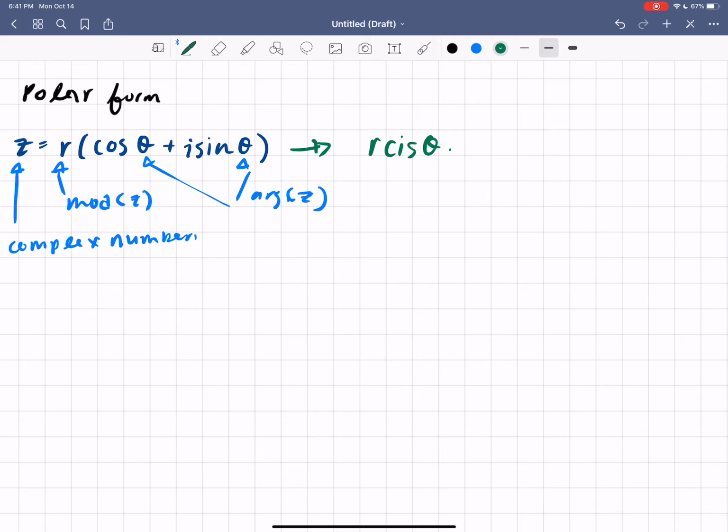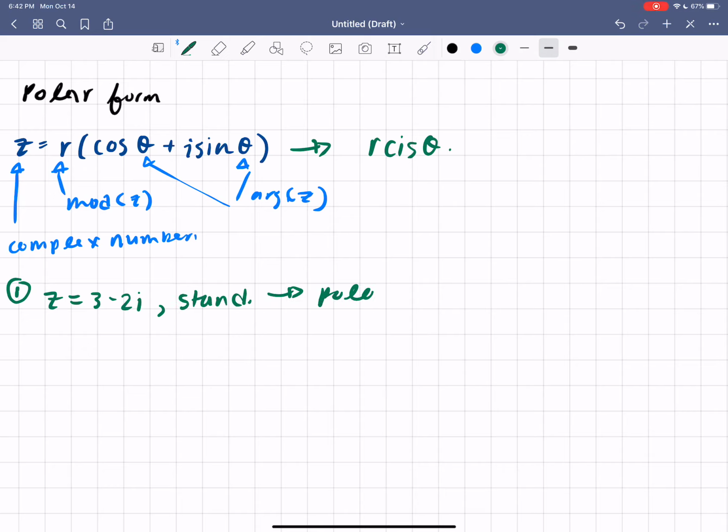So in order to convert from standard form to polar form, you're going to need to calculate your modulus and your argument, which we've already done in a previous example. So let's actually do one ourselves. Say z is equal to 3 minus 2i, and we want to convert this from standard to polar.